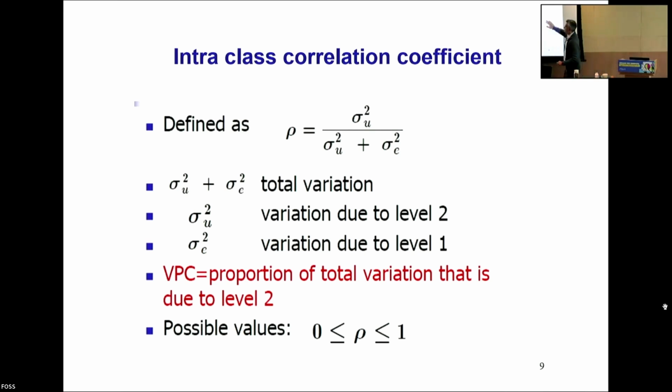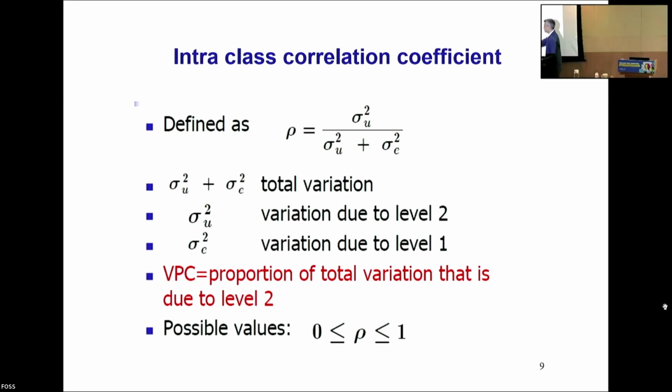Then we've got the variance partition coefficient. So remember, we've got two kinds of variances: the group level variance and the individual level variance around the group mean. So we can calculate what proportion of the total variance is attributable at the group level. That gives us the variance partition coefficient. It's like the correlation, except it doesn't go less than 0.